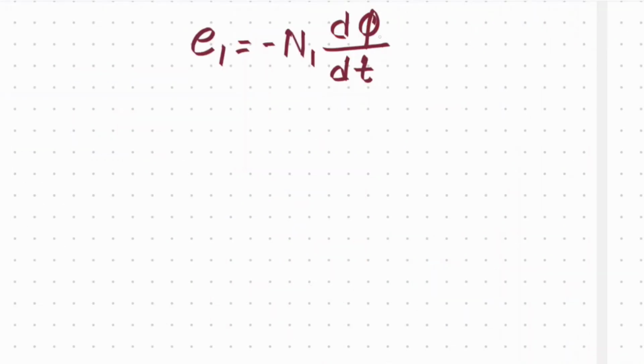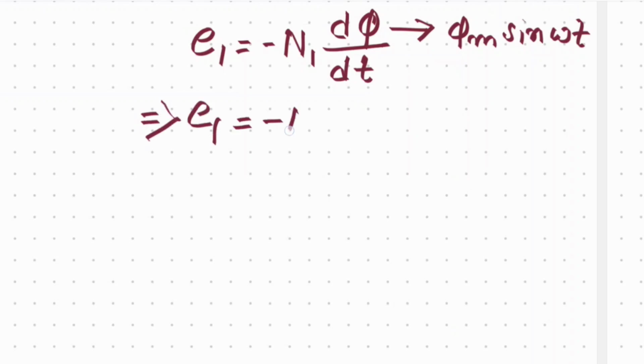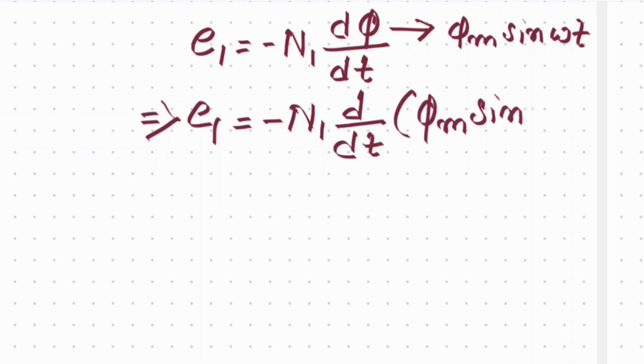We know that phi is equal to phi m sin omega t. So we can write E1 is equal to minus N1 d by dt of phi m sin omega t.